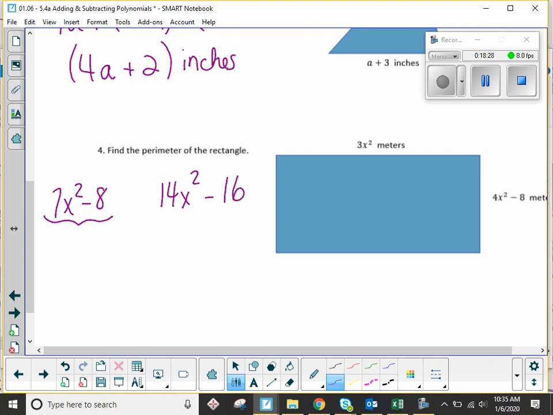I only added 2 sides. Perimeter is all of them. And what do you know about opposite sides on a rectangle? They're equal, so you need 2 of these, which is 6x squared, 2 of these, which is 8x squared minus 16, and then you add them. Don't forget your units.